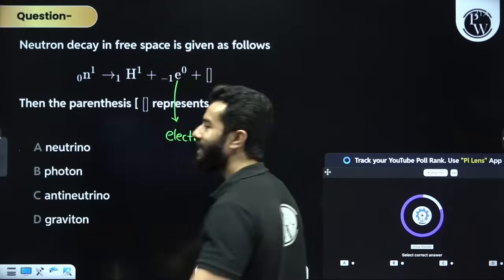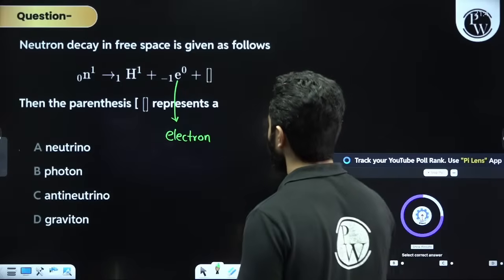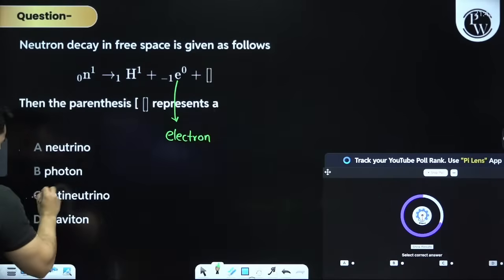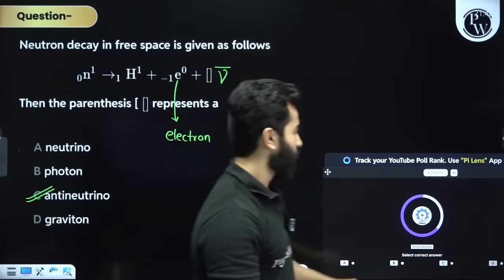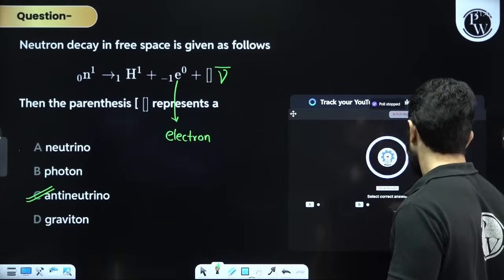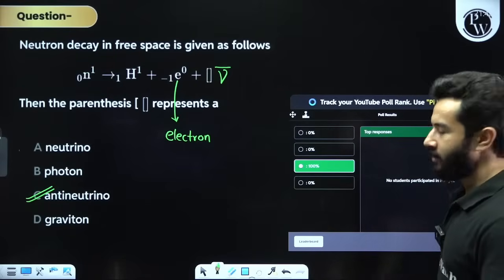The reason for that particle we have not studied, but please remember this particle is anti-neutrino. Clear? Very good.